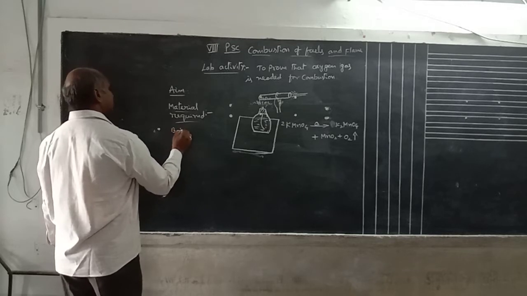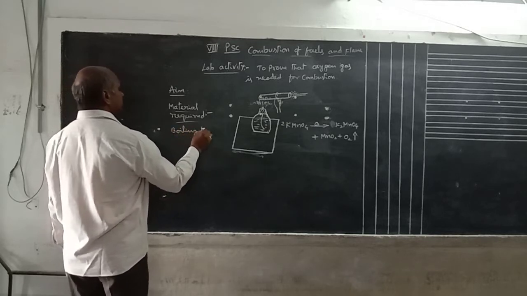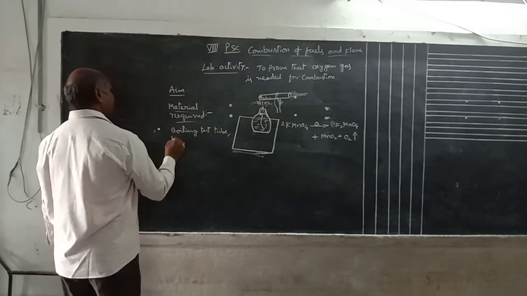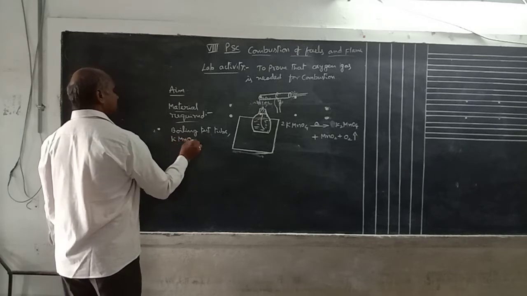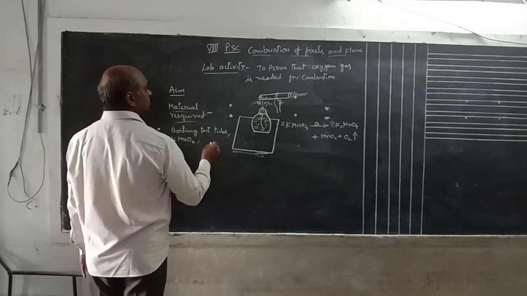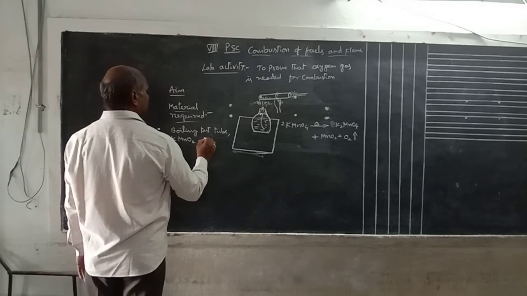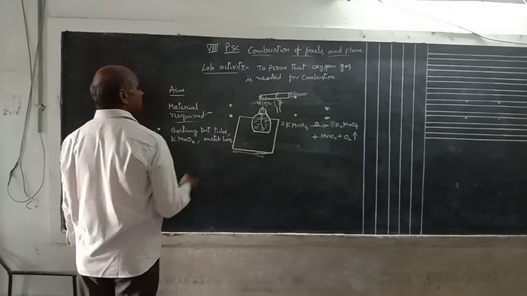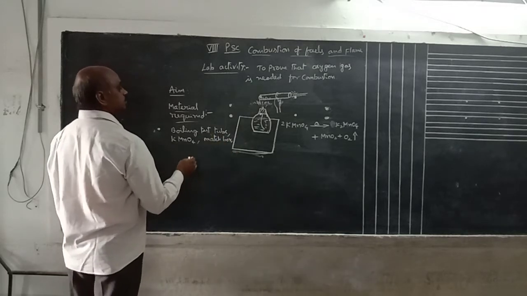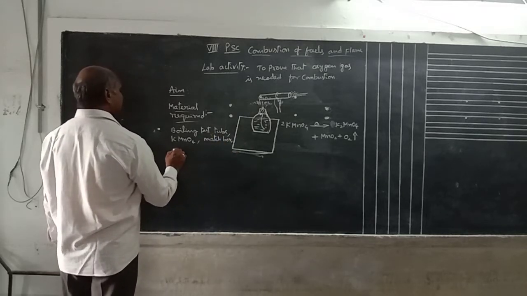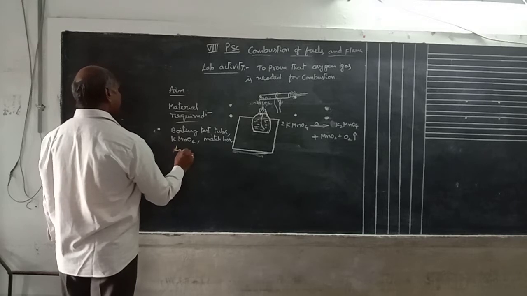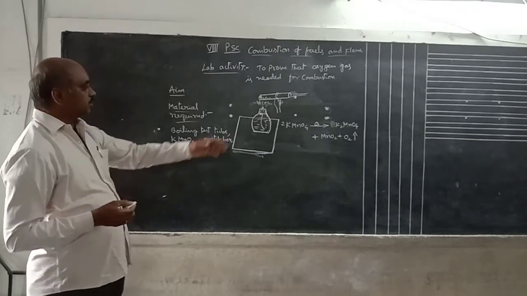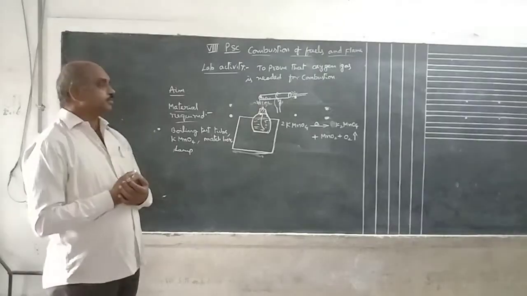Boiling test tube, KMnO4, matchbox, and an alcohol lamp. These are the materials required. This is a burner or alcohol lamp.